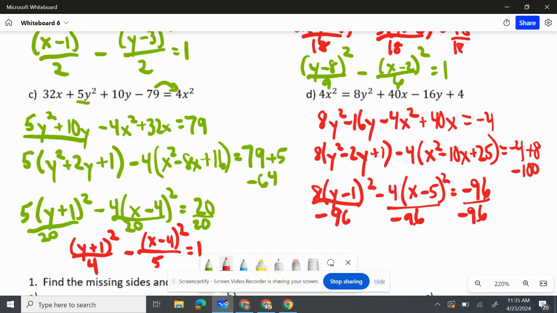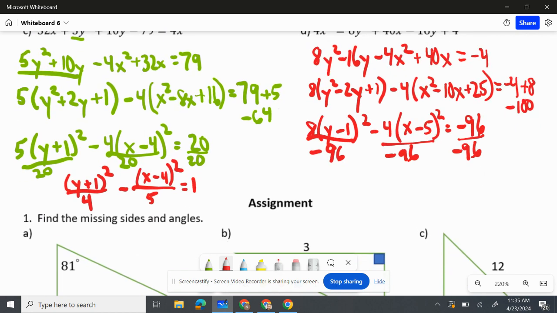So I'm no longer going to have my y in the front. I'm going to have my x in the front. So I'm now going to put negative negative as a positive. So I'm going to put the x minus 5 squared over 24. And then I'm going to put minus, and then I have the y minus 1, because a negative and a positive is a negative. Squared over 12 equals 1.